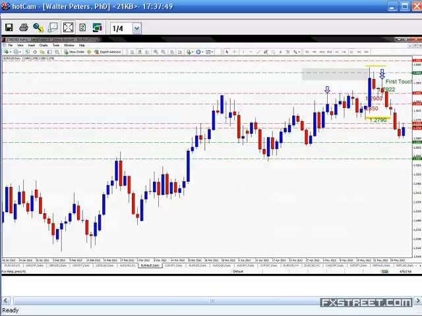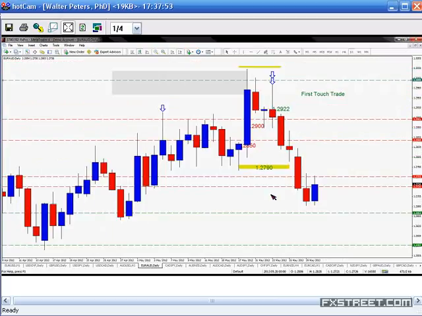Also, remember that we have this belt working in our favor on the Euro Aussie. Look at this belt. This belt is absolutely working in my favor. So not only did I have a first touch up here, but I also had a brilliant belt setup earlier this week, which tells me that I have a pretty nice shot at the market trading lower.